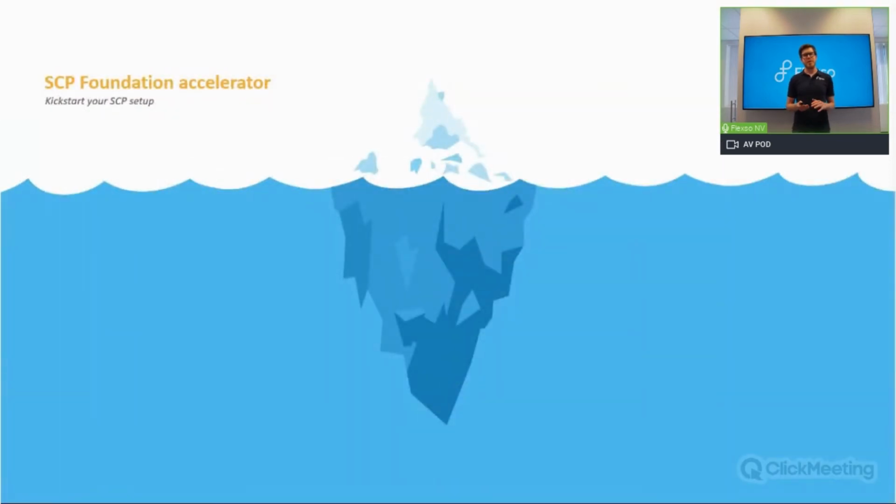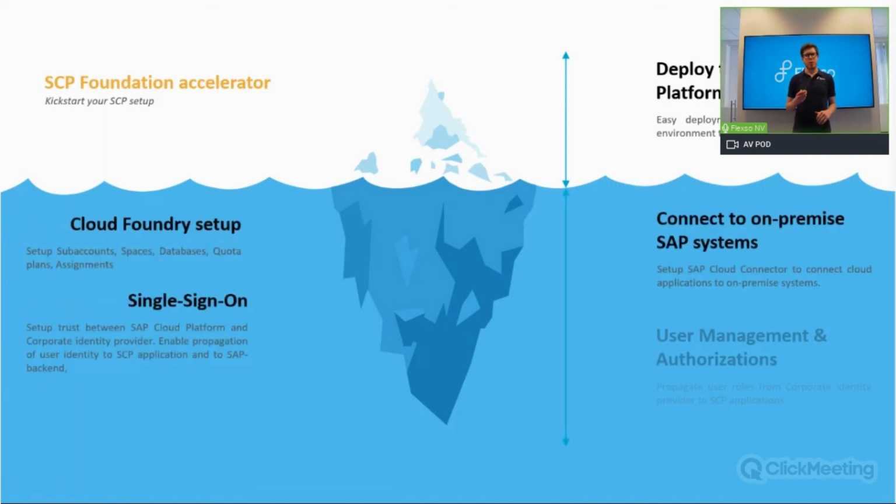To conclude our developer efficiency topic, I'd like to highlight our Cloud Platform Foundation accelerator as well. Although SAP Cloud Platform offers a lot to help build enterprise-ready applications, setting up and starting to work with the platform can be or seem daunting. To help you utilize the platform as fast as possible, we've created an accelerator that helps you deploy your first applications in a matter of days.